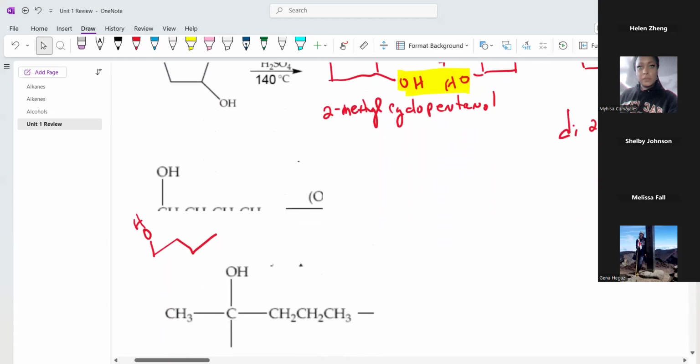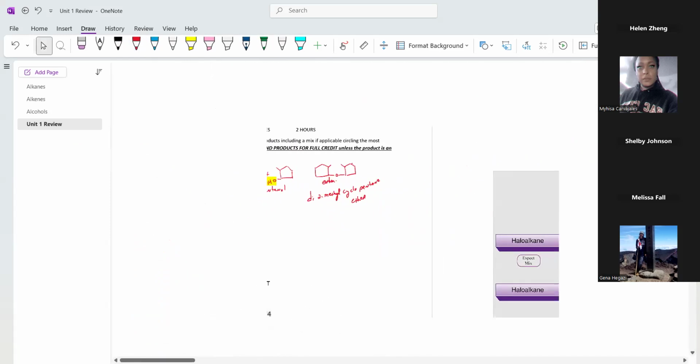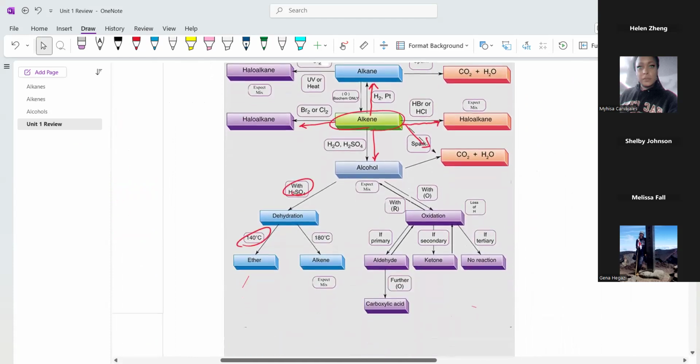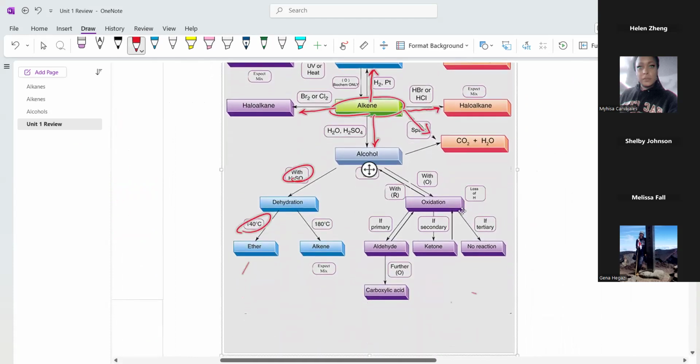Okay, so this is a primary alcohol undergoing oxidation. Primary alcohols, if we look on our flow chart, here we have an alcohol. We can oxidize it. Primary, it goes first to the aldehyde, then on to the acid.